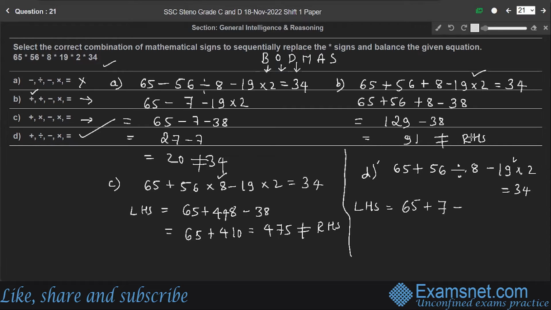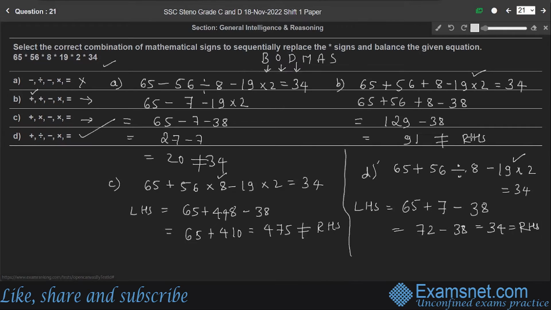Simultaneously go for multiplication: 19 into 2 is 38. So 65 plus 7 is 72, minus 38 is equal to 34, which is equal to the RHS. Therefore option D satisfies the given equation and will balance it. The order of mathematical signs should be plus, divided by, minus, into. Option D is the right answer.